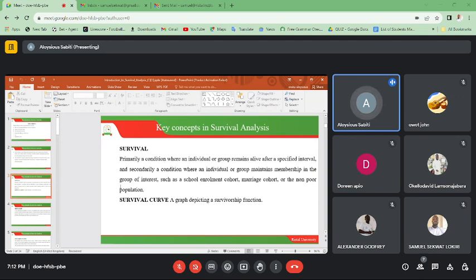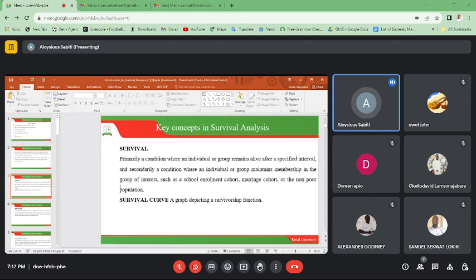Another key concept here is survival. Primarily, a condition where an individual or group remains alive after a specified interval. And secondarily, a condition where an individual or group maintains membership in the group of interest, such as a school enrollment cohort, a marriage cohort, or the non-poor population.